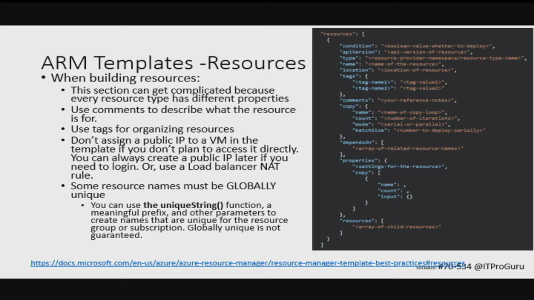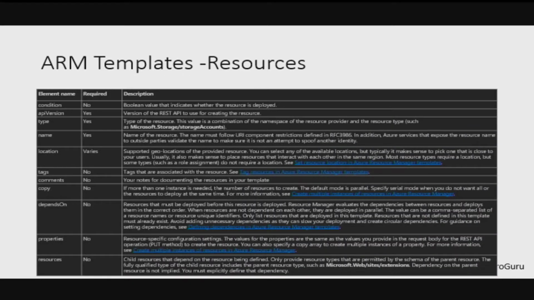And you don't have to understand or know each one, I would say, from an architecture perspective. Just be aware that this is where resources get deployed. So these are the kind of standard elements that are part of a resource item in the ARM template.